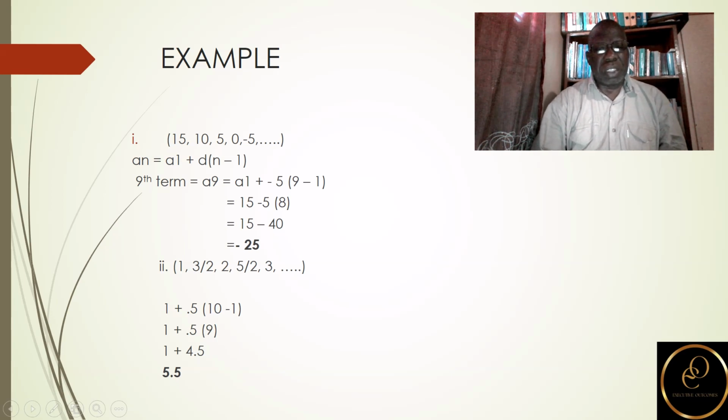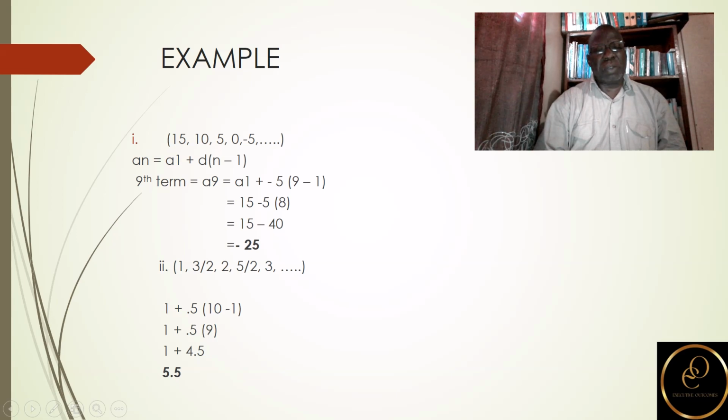So you have 3 over 2, which simplifies to 1.5. Subtract 1, you get half. The next two numbers are 3 over 2 and 2.